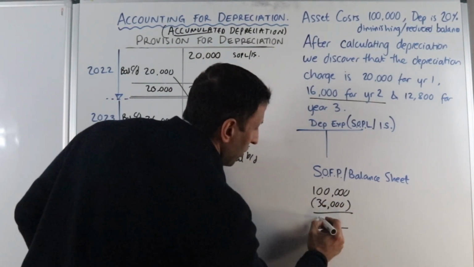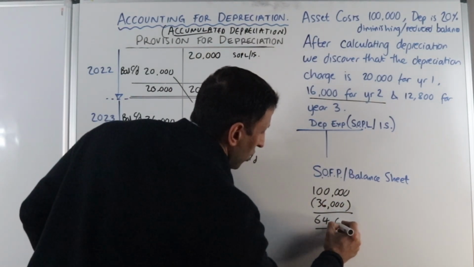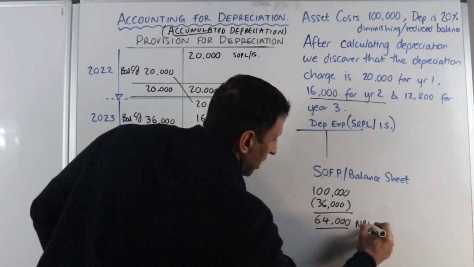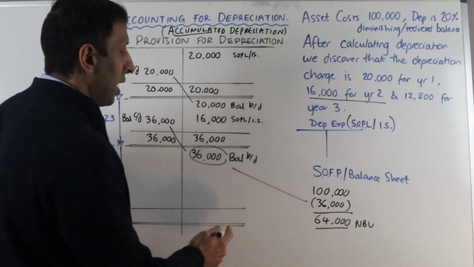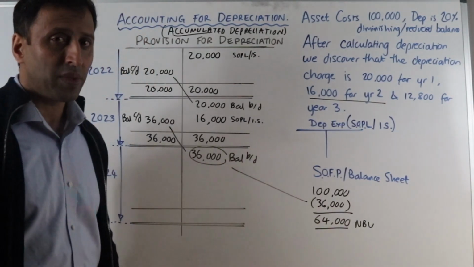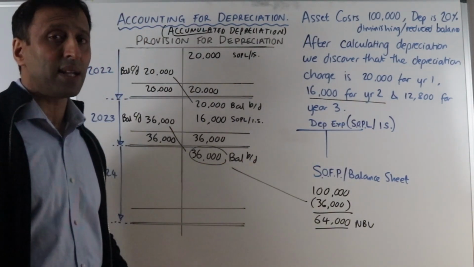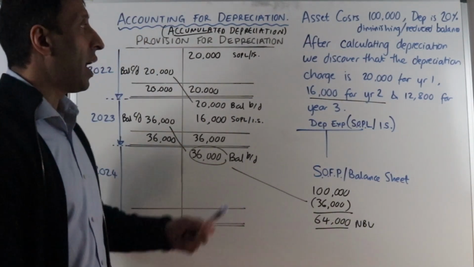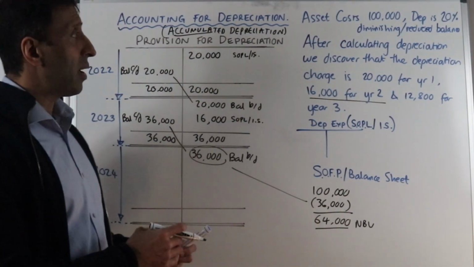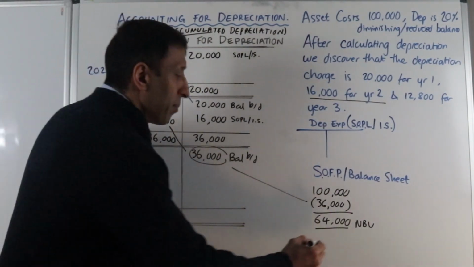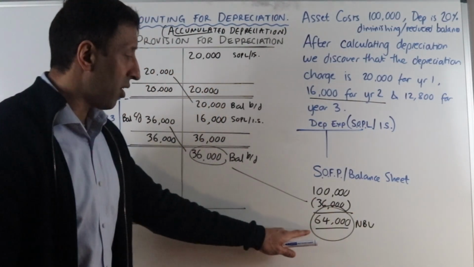So that means that our reduced balance now, or value, or net book value, at this point, taking that 36 into account, would be 64,000. So the value now of the asset is 64, the net book value, and since we are doing a diminishing or reduced balance, we are working out the 20% on the net book value of the figure of that.